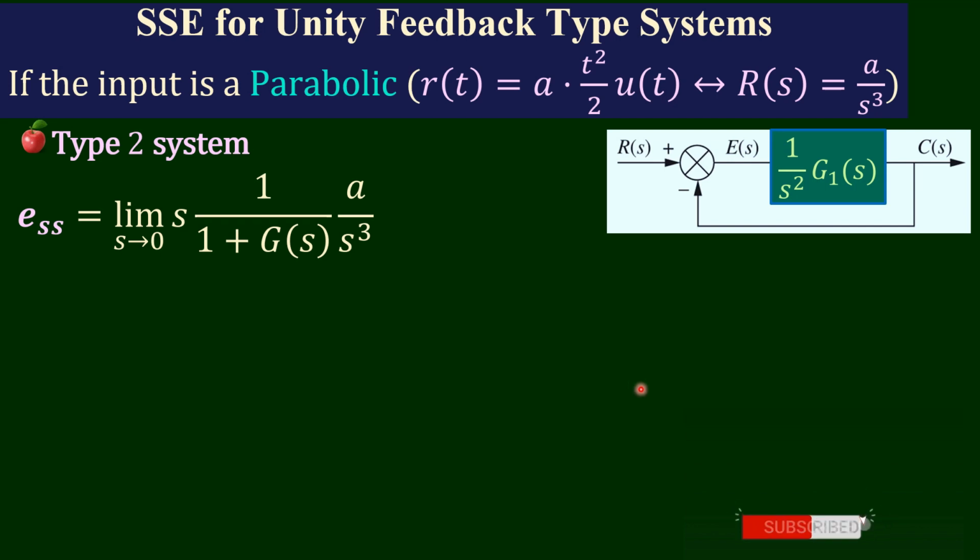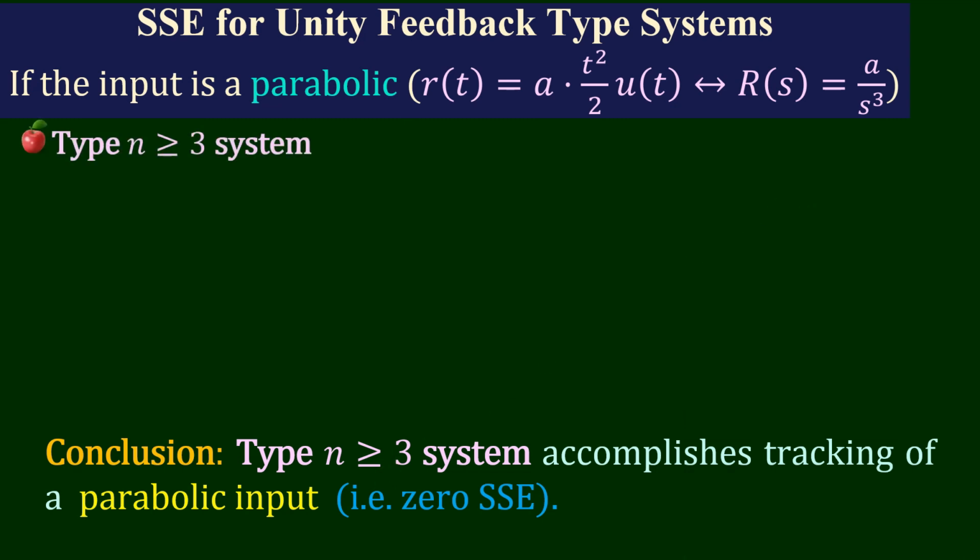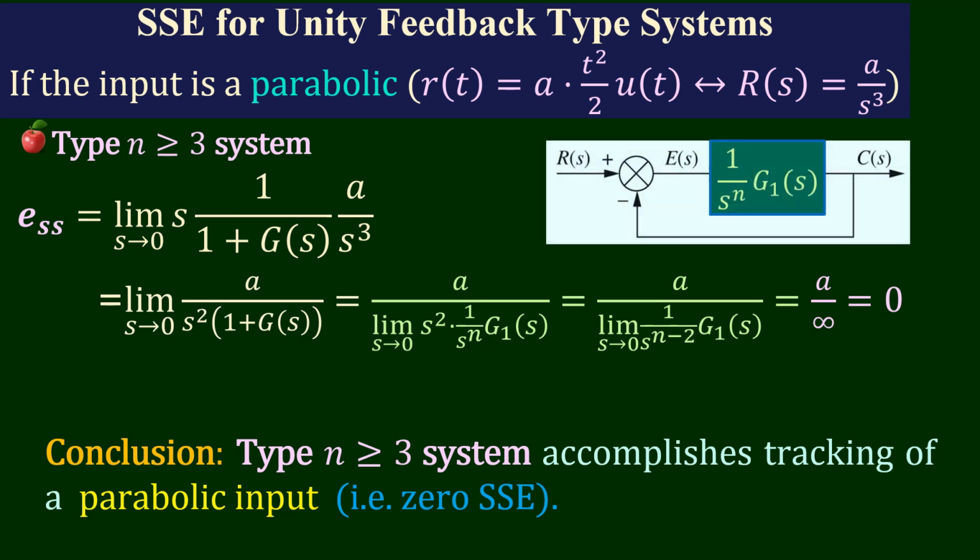So we will look at the case where the type is greater than or equal to 3. In this case, again the figure, I think I have given the number later on like this one. So over here, if you do the calculations, at the end we will get this relationship, and here if s is equal to 0, this whole thing will become infinity.